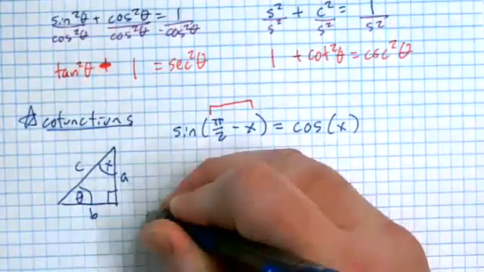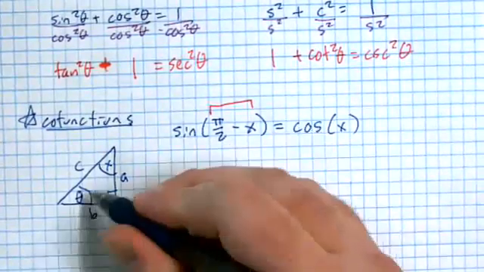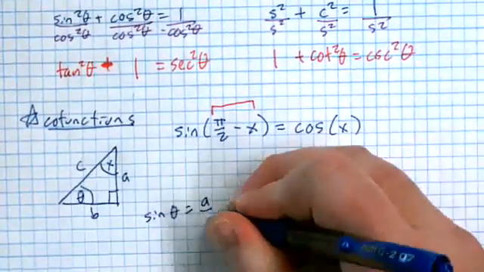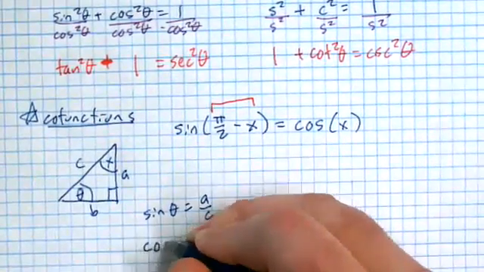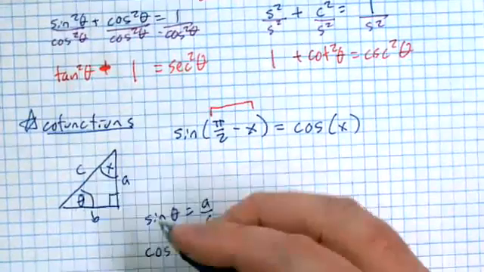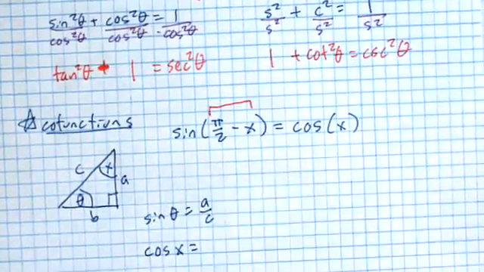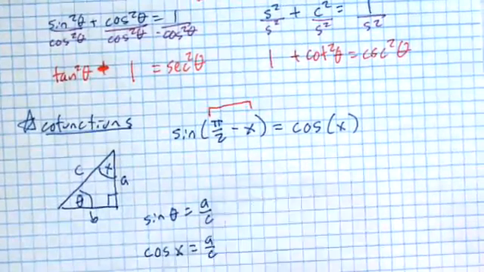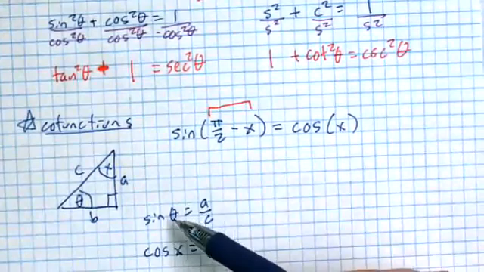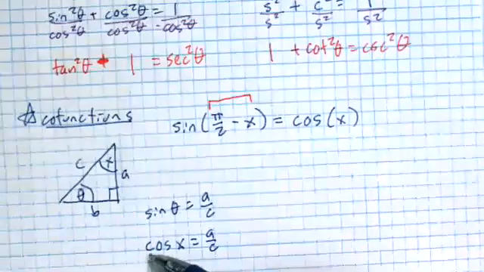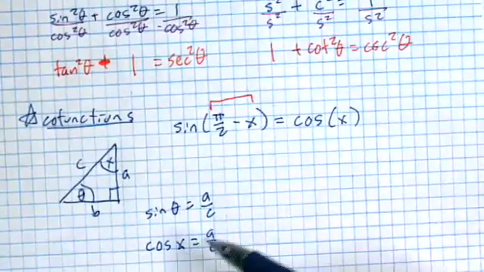So if I took the sine of theta, that would be a over c. Agreed? What if I took the cofunction, the cosine of x instead of theta? What would that be? It would also be a over c, wouldn't it? So it turns out that the sine of an angle is equal to the cofunction of its complementary angle, the other angle in the triangle. That's where it comes from.